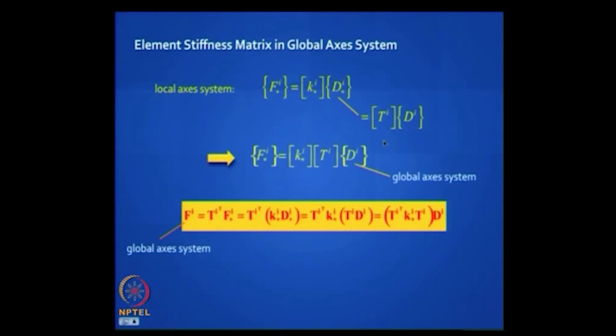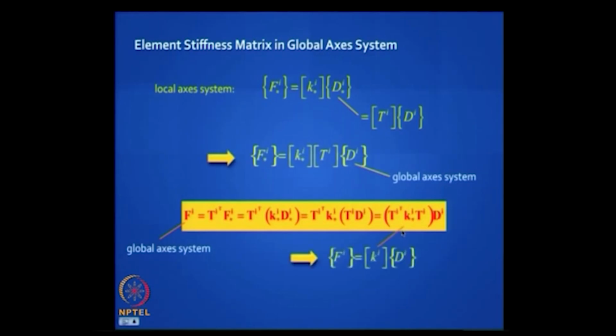And now if I do that I am able to get into the global axis system, and Fi is also Ti transpose F star i, remember? You plug this in there, you get F star i is K star di star from first principles, and when you substitute here finally you will get it in this form. This is a standard form, this is a standard transformation we do.